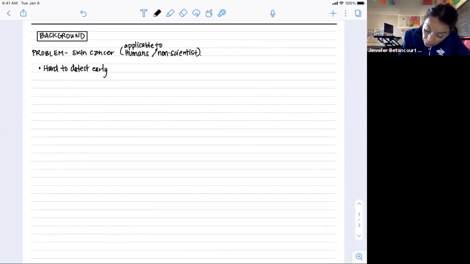Okay, it's very common, that's good, right? You're collectively making skin cancer a relevant or a big problem that needs to be solved. So it's the most common type of cancer. There's a lot of stats that people are putting.